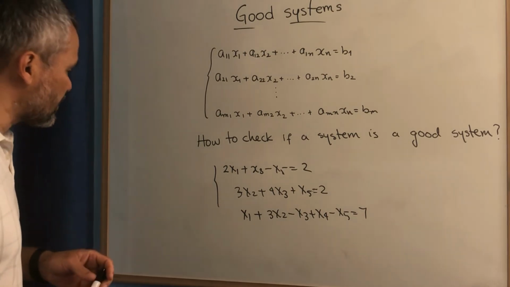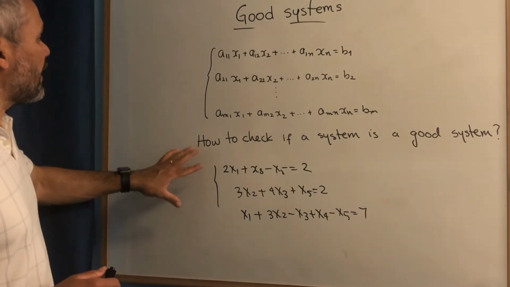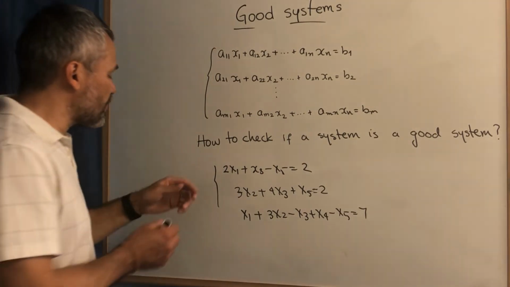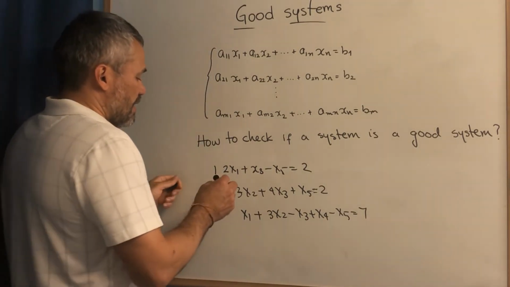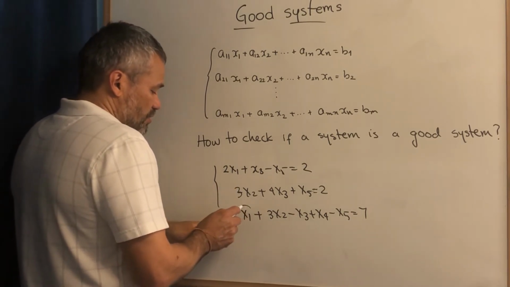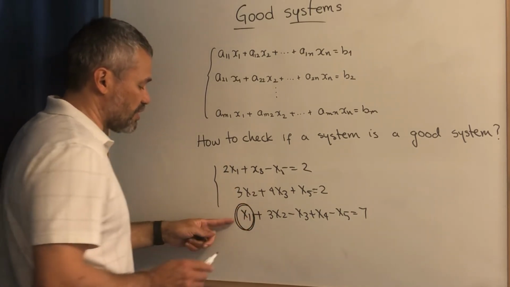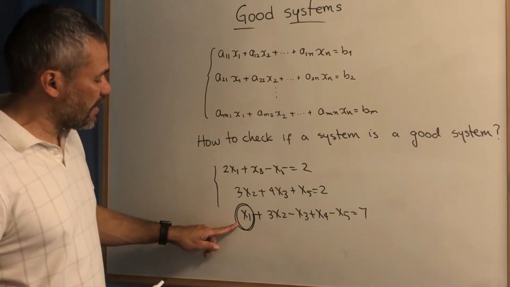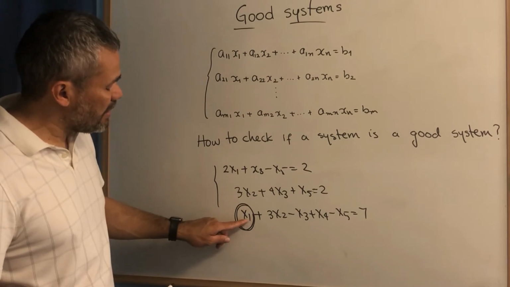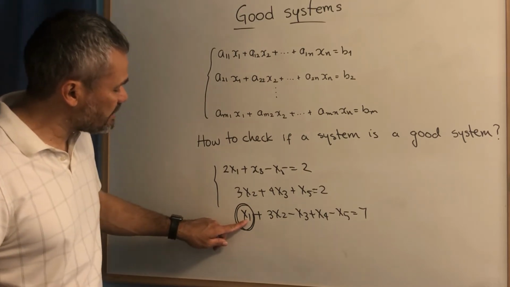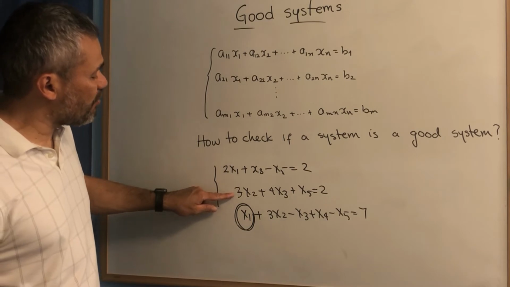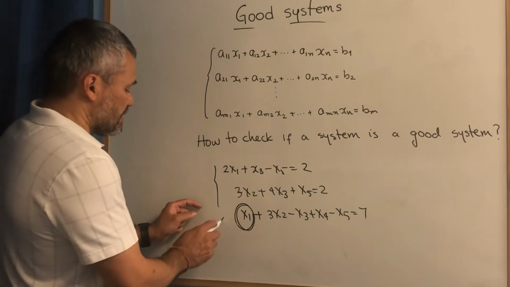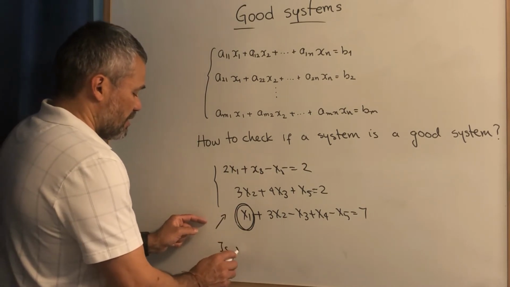And when you have that, then in order to classify as a good system, we need to check that the first variable that shows up in the last equation must have an index bigger than the first variable that shows up in the equation above. Then in this case, for this reason, this system is not a good system.